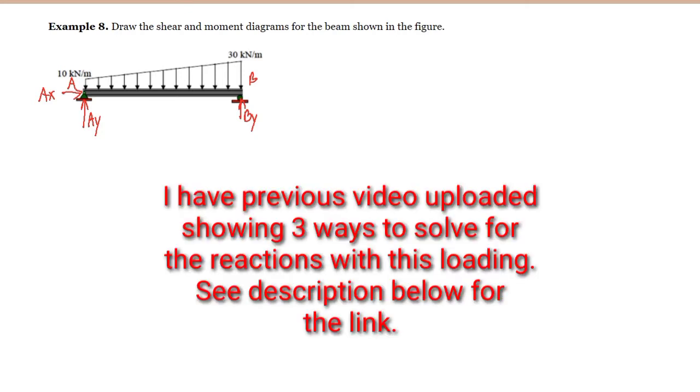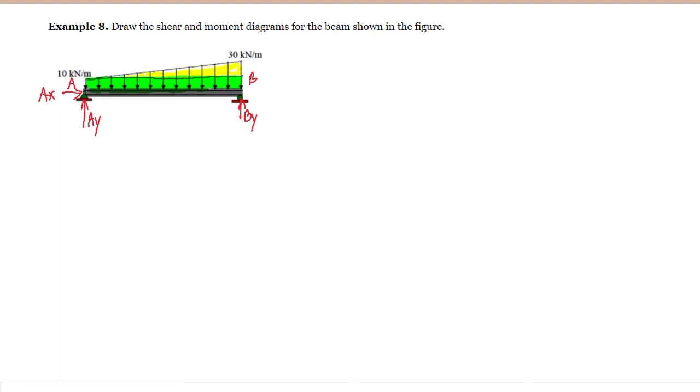I have a previous video uploaded where I showed the three ways in order for us to compute for the reactions, or I will put it in the description of this video. There I showed three ways to solve for the reactions of the support.